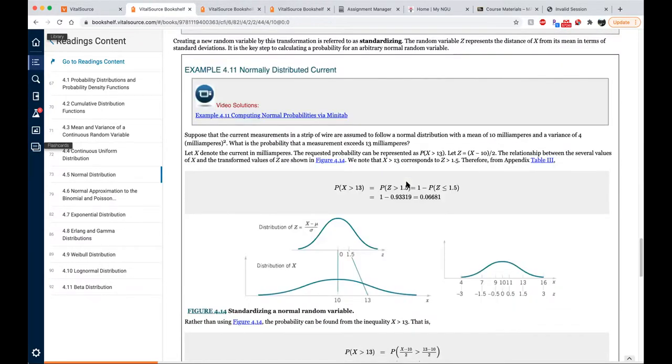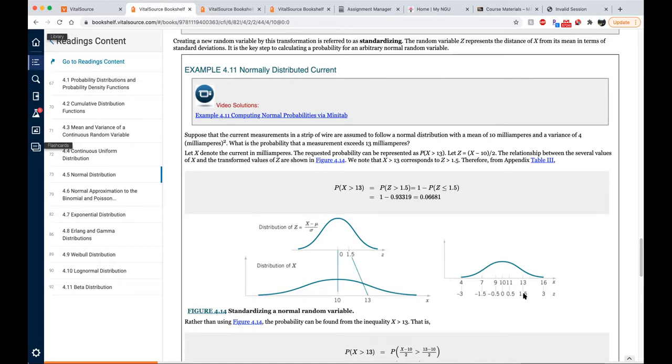So now back to here. In this problem, we figured out that 1.5 is the z value corresponding to the x value 13, right? So actually, that z value also tells you how far your x value is from the mean, using the standard deviation as a unit.